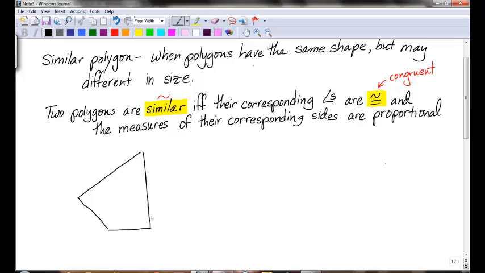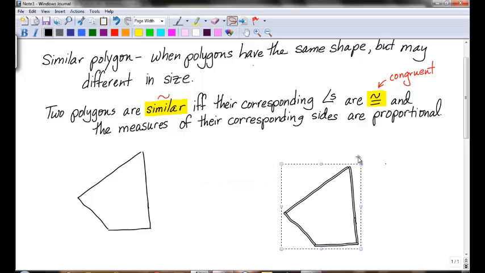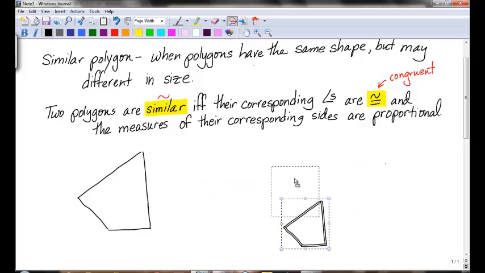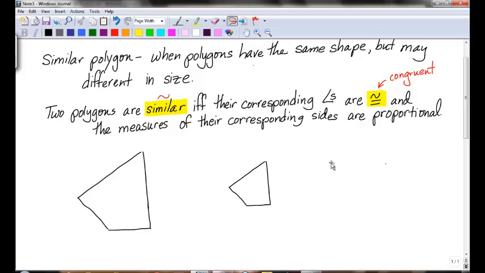And the advantage of the computer is to copy it, paste it, and now I just made a similar figure. That's the advantage, and you could do that if you were on your iPad. So label this angle A, down here B, C, and D. Over here label this one E, F, G, and H.